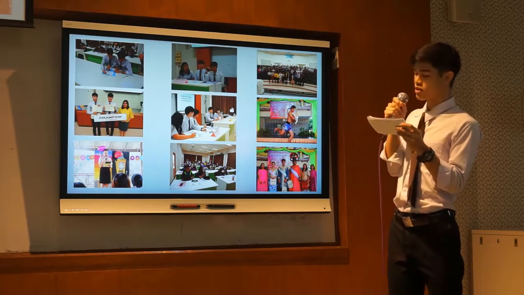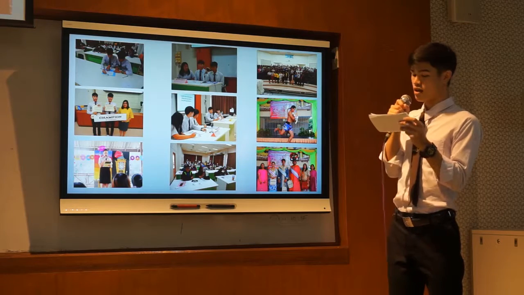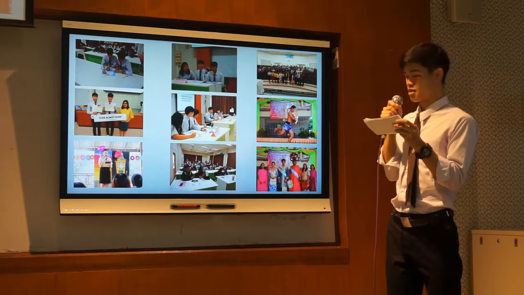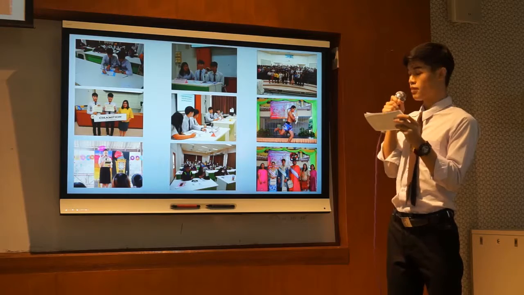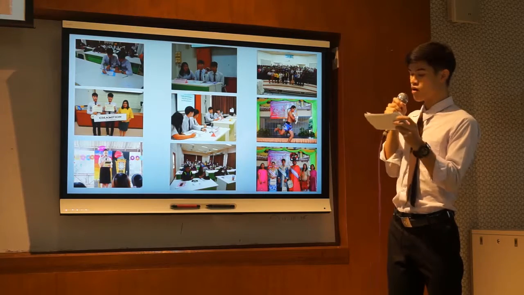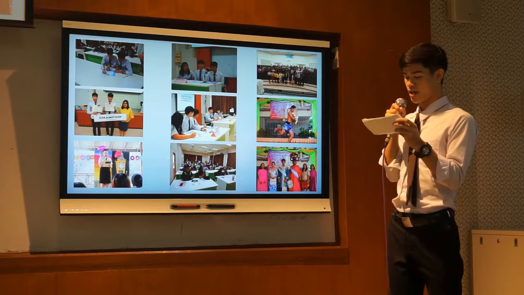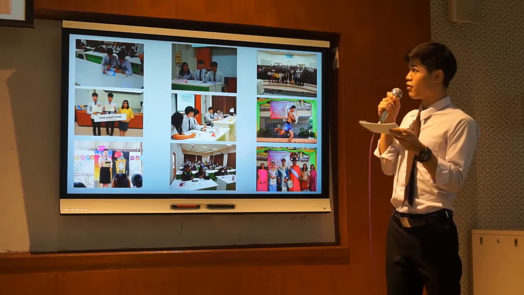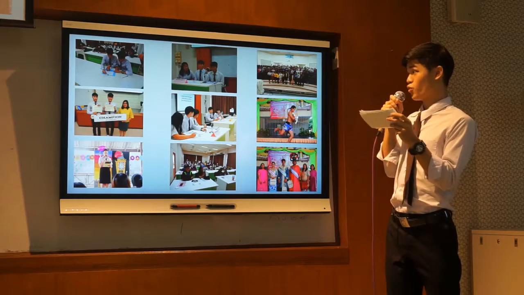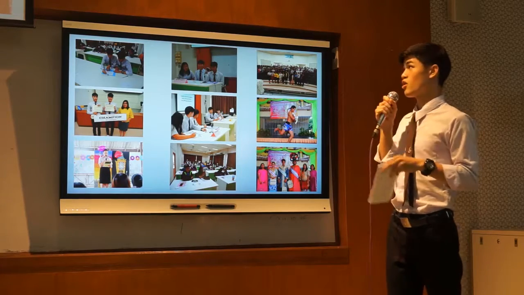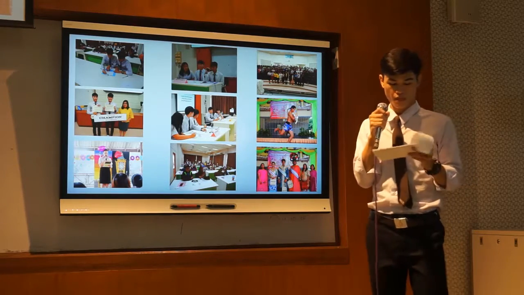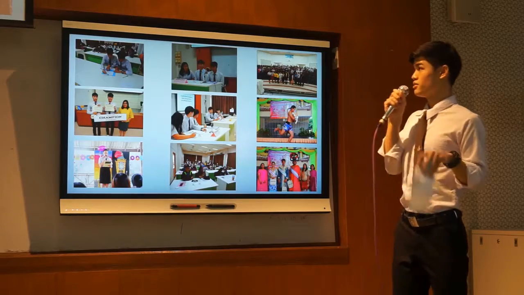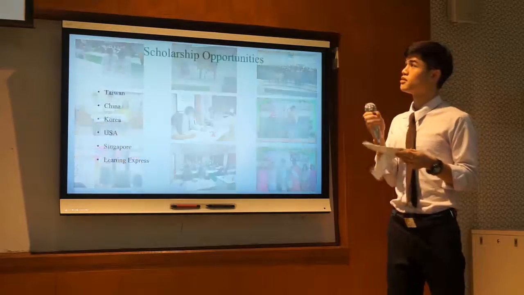Top right picture is language and media contest. Next down below, intercultural and ASEAN Day. Next down below, the winner of international costume. Let's move on to the next slide.